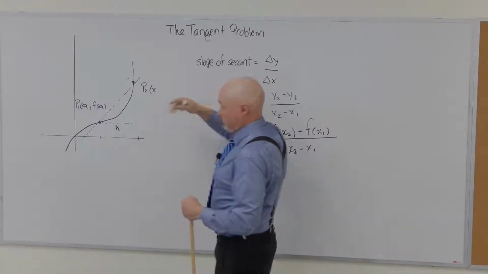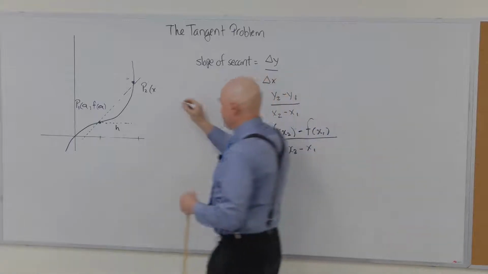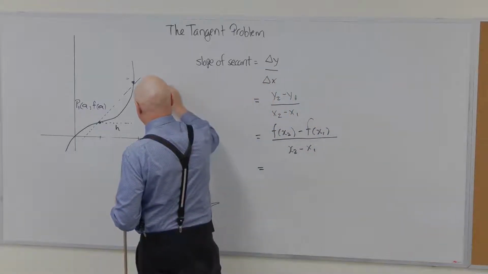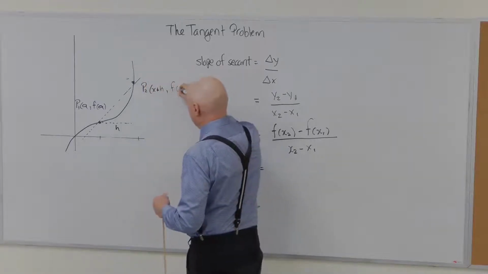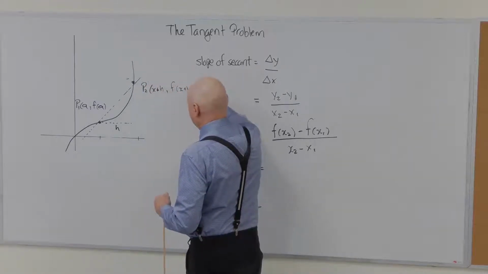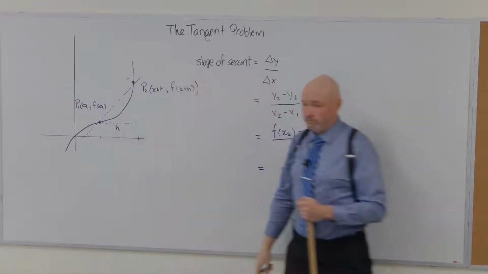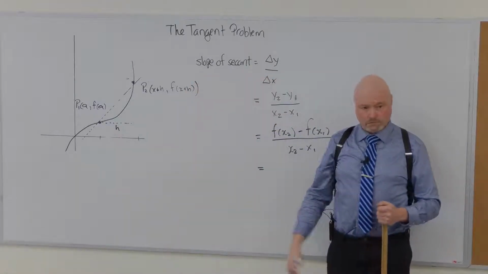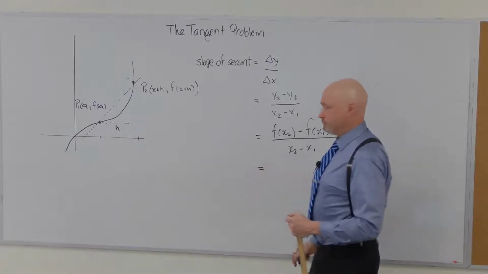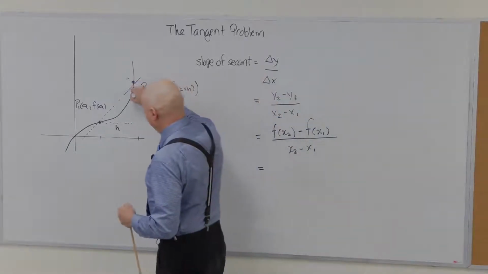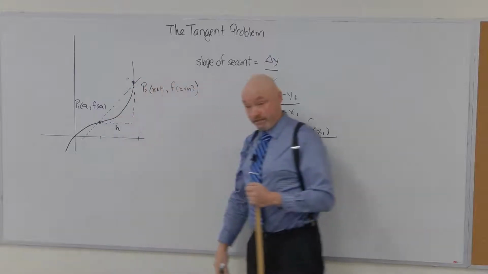Oh my goodness, I'm going to have little blank tips on my fingers, but that's okay. So this is going to be x plus h, and the y coordinate is going to be f at x plus h. This is still the same thing. We're okay with that? So this is just h. That's my run. That's my change in x.